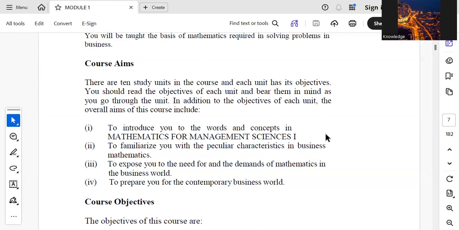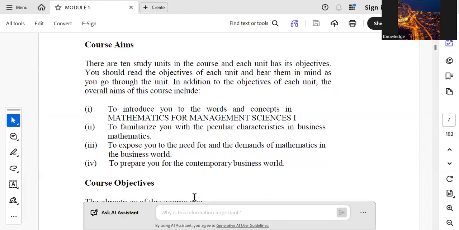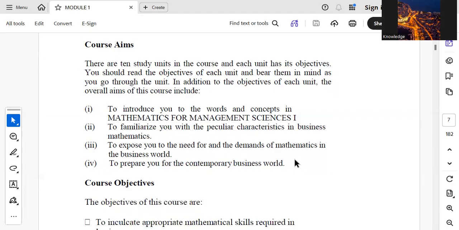We have 10 study units in this course, and each unit has its objectives. You are expected to read the objectives of each unit and have them in mind before you go through the unit, so that after each unit, you'll be able to fall back on the objectives and see if you have truly achieved them.